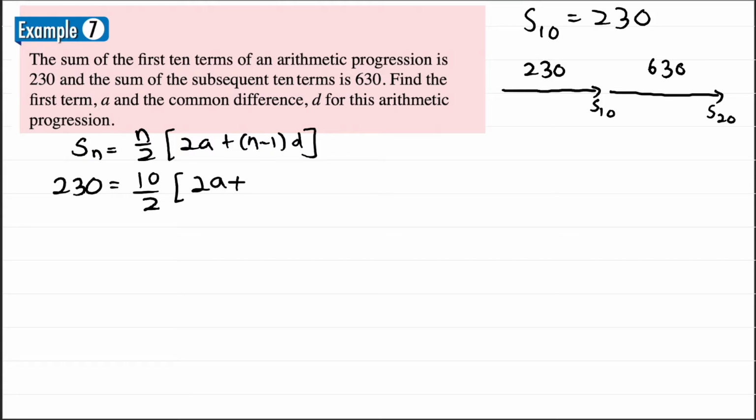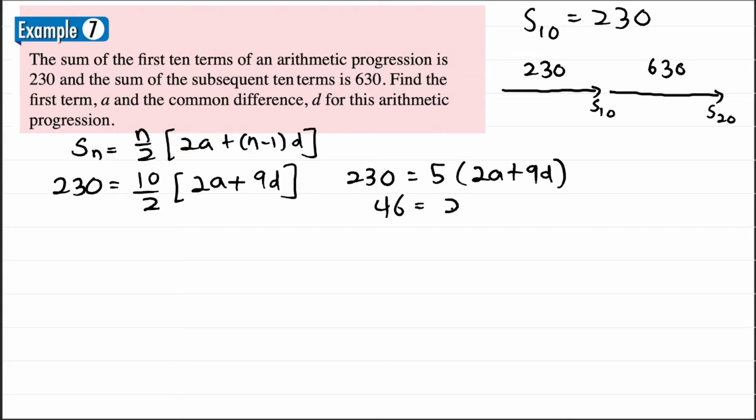N dia adalah 10. 10 tolak 1 adalah 9D. So 230 sama juga dengan 5, 2A tambah 9D. Ni kita boleh simplify kat situ lagi. Kita buat 5 ke bawah. So kita akan dapat 46 sama juga dengan 2A tambah 9D.